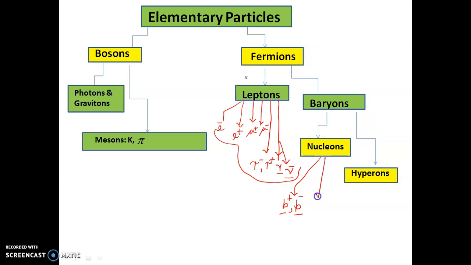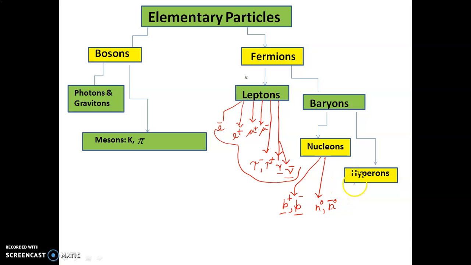Again out here we have the neutron, which is uncharged, and also the anti-neutron. So you see the concept of antiparticle is also there. There is an antiparticle along with every particle.